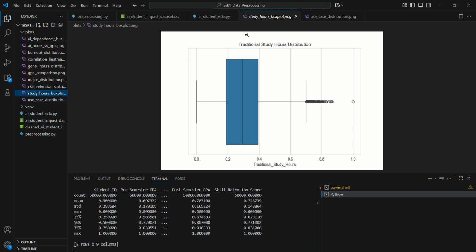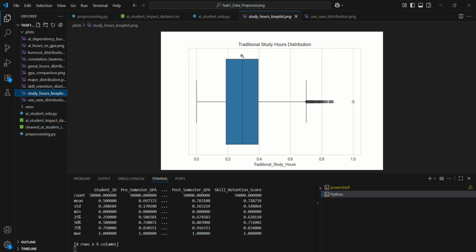A box plot is basically a plot where we have this box which lies from the first quartile to the third quartile.